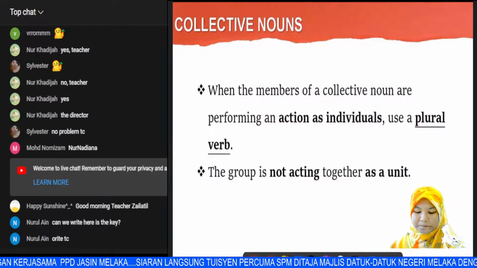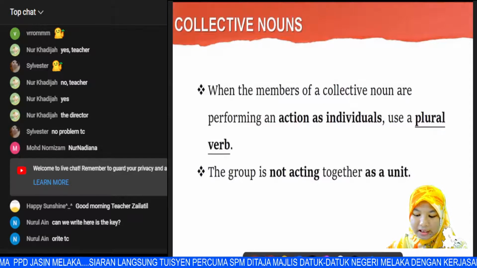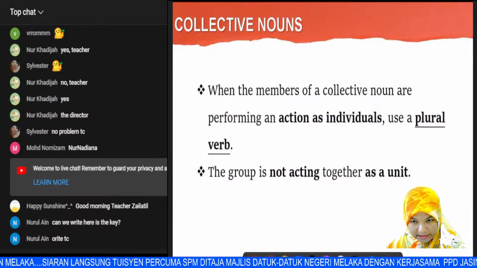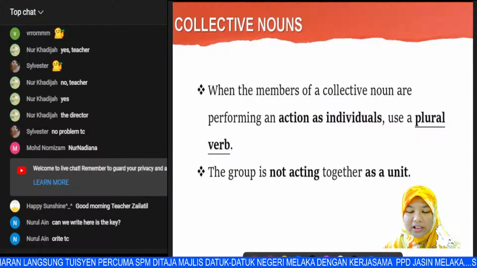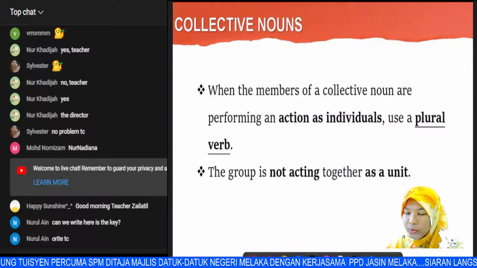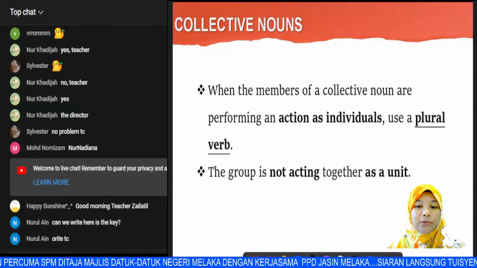Example: the flute ensemble are tuning their instruments. In an ensemble or an orchestra, I told you, they have flute, piano, violins, but here it's only focusing on the flute ensemble.